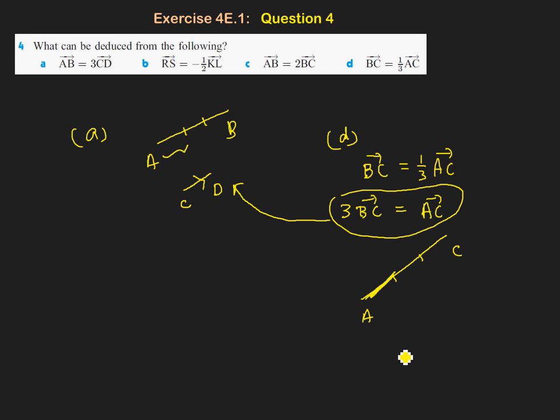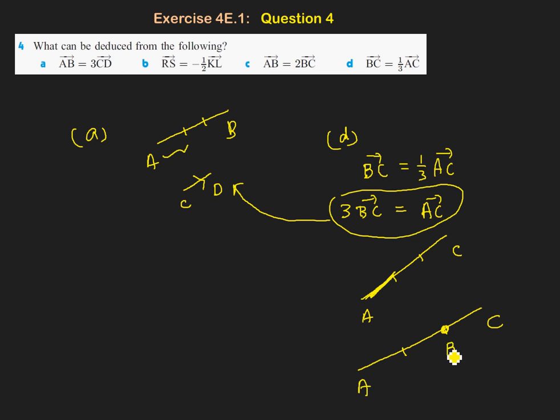Let's draw this again, properly. AC is 3 times the length of BC, and we divide it into 3 equal parts, but the vector BC must end at C and it must be parallel. So there is no way you can place point B except here.